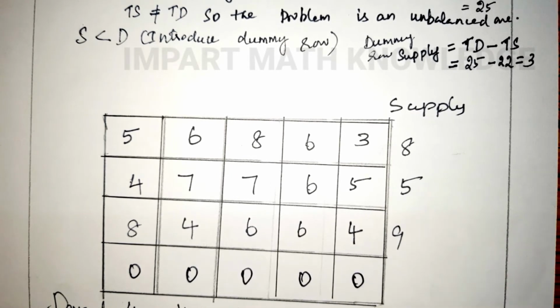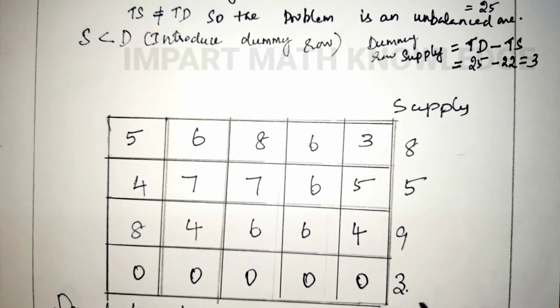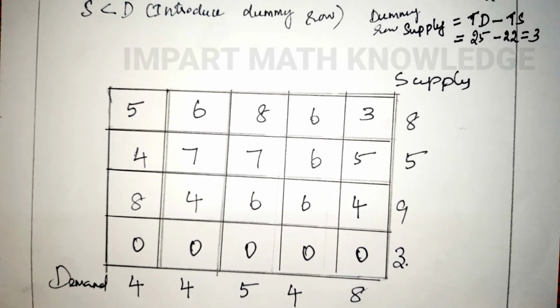For this dummy row, supply value is 3. This is nothing but the difference between the total demand and the total supply. First step, we have to convert the unbalanced transportation problem into a balanced transportation problem. Then we can find the initial basic feasible solution.